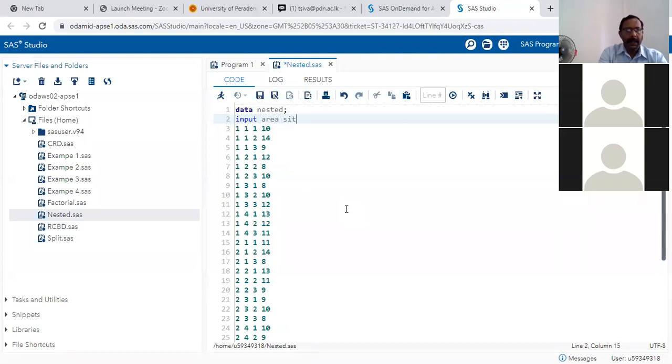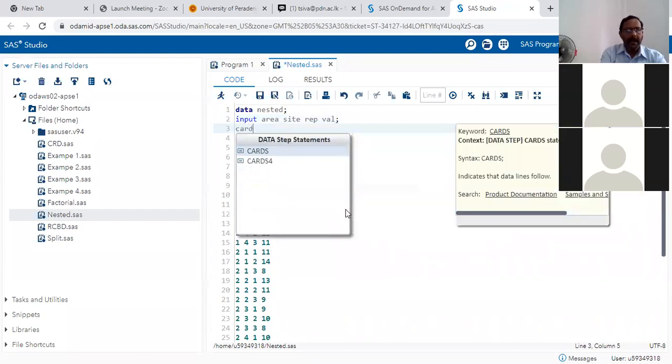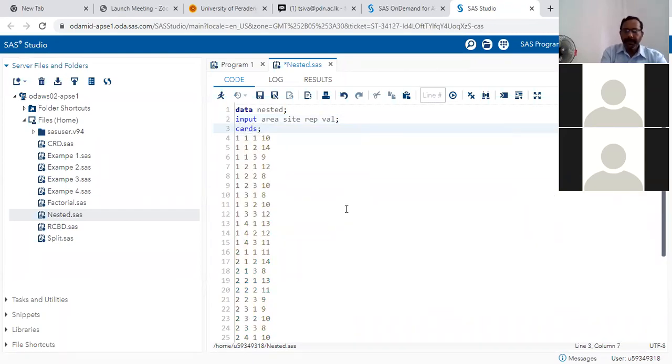Site, replicate. The last one, let's say it's a value. I will consider it as value. Area, site, replicate, and the value. Then we have the cards as usual.